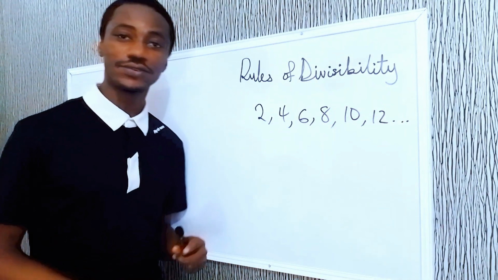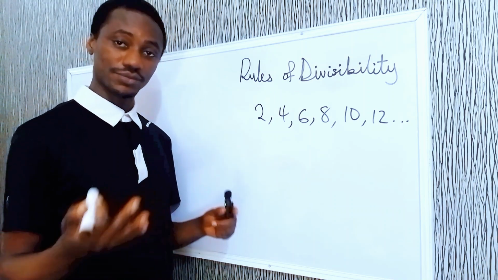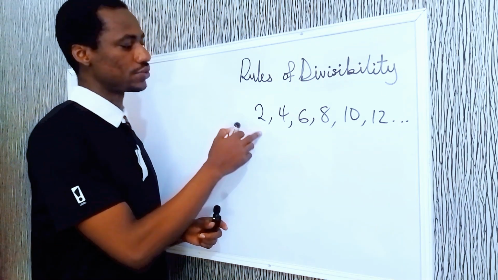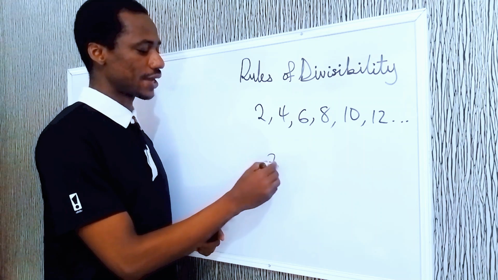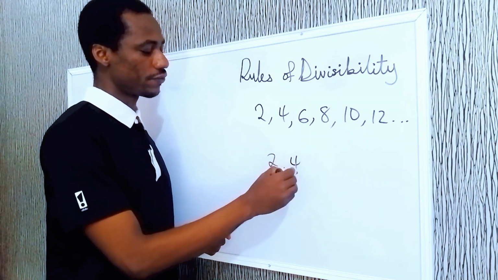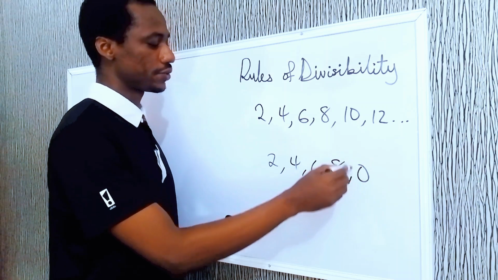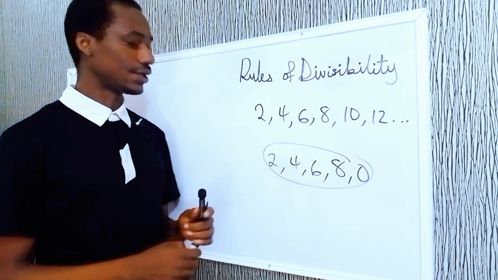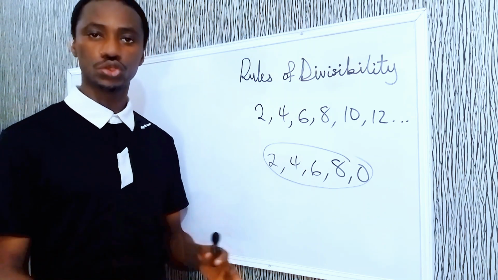And when you check the even numbers, they are multiples of 2, right? And they end with either 2, 4, 6, 8, or 0. So any number that ends with 2, 4, 6, 8, or 0, that number is an even number. And then when you see any number like this, you know the number is divisible by 2.